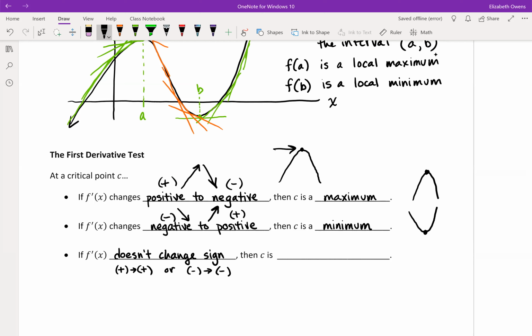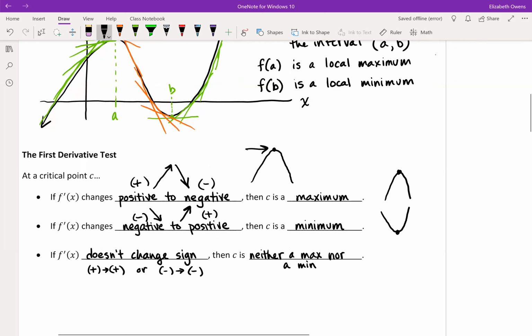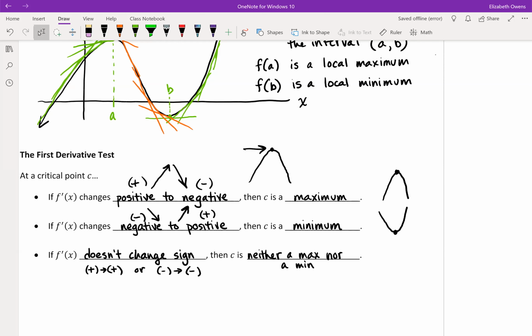Then for C, we don't really get anything special. It's not a maximum or a minimum, really. So C is neither a max nor a min. Okay, so you just don't get the special point from that necessarily.